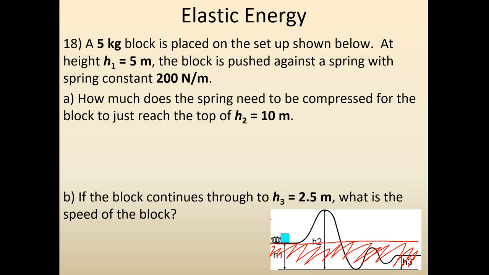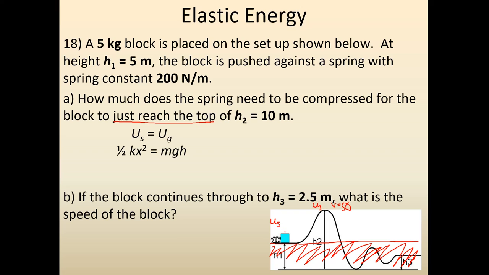At this point, I no longer have gravitational potential. I'm going to have spring potential. Now up here, because it says it just reaches the top, that means it's getting here with a speed of 0. So there's no kinetic energy here. All that I have here is gravitational potential. So I'm going to set the spring potential here equal to the gravitational potential there.